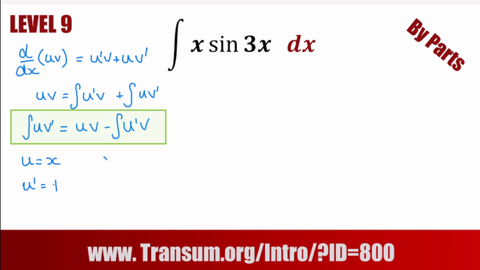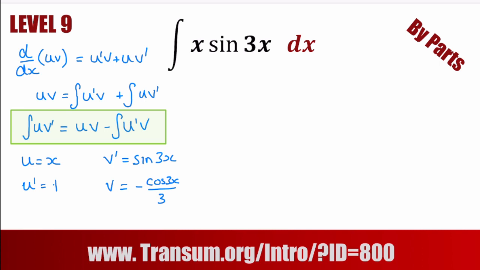Now I'm going to let my v dashed be sine 3x. So if I integrate that to find out what v is, I'm going to get minus cos 3x over 3.